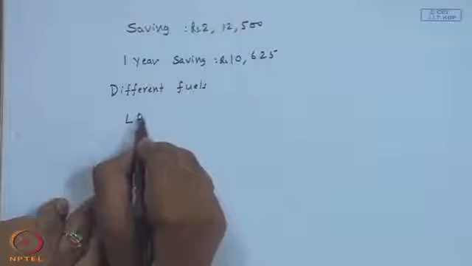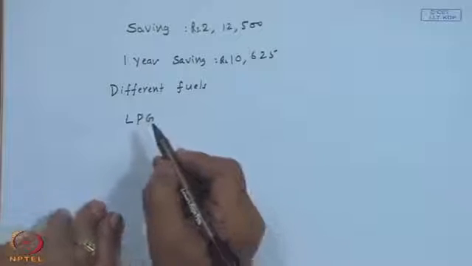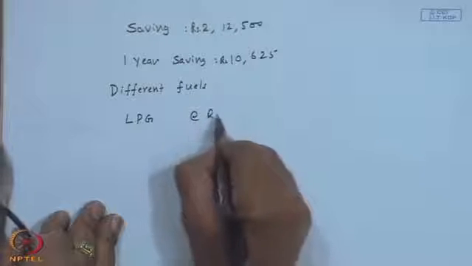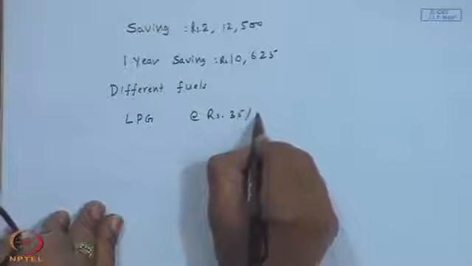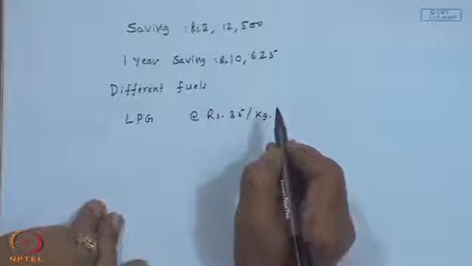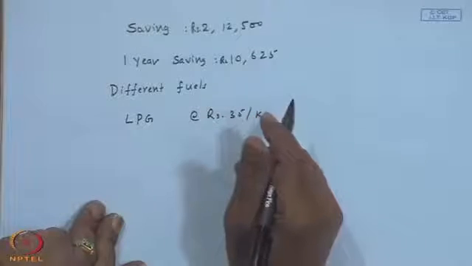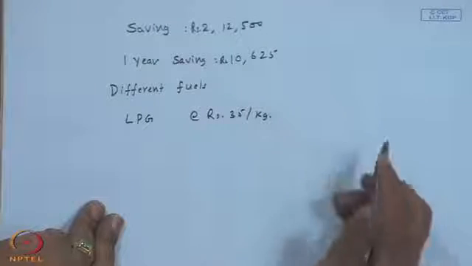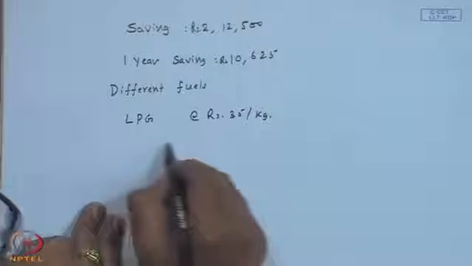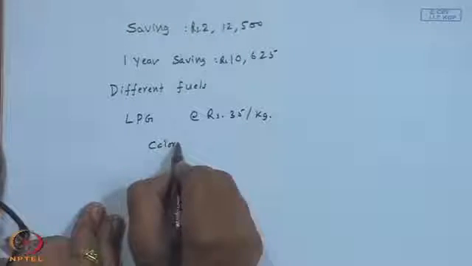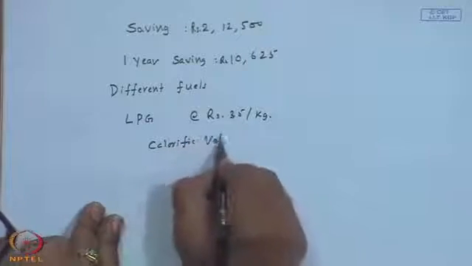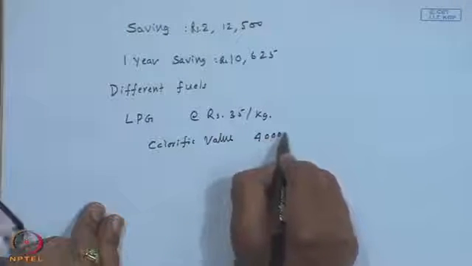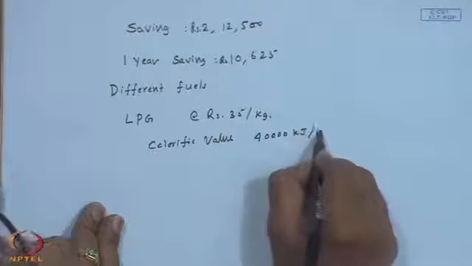If you take LPG, I have considered Rs 35 per kg. I am not really sure whether it comes under the recent hike or not. I took about 450 rupees for a 14 kg cylinder, that comes to 35 rupees a kg, and it has a higher calorific value of 40,000 kilojoules per kg.